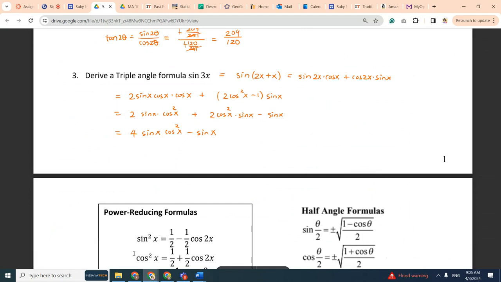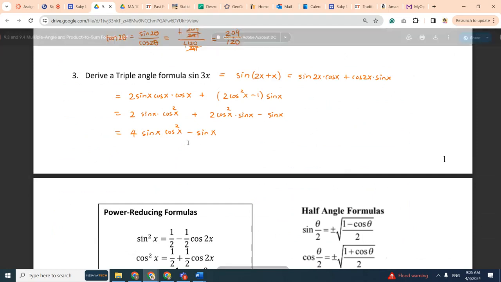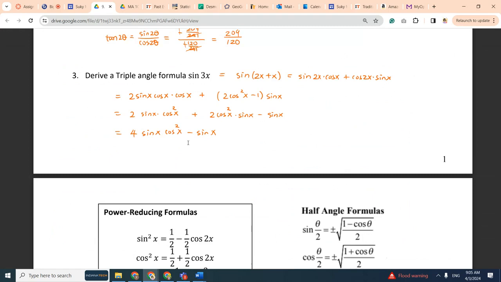So you can take 2 cosine squared x minus 1. Then you distribute and combine the like terms. So this is what you get. You can express sine 3x in terms of sine x and cosine x. Is that okay, everybody? This is the idea.